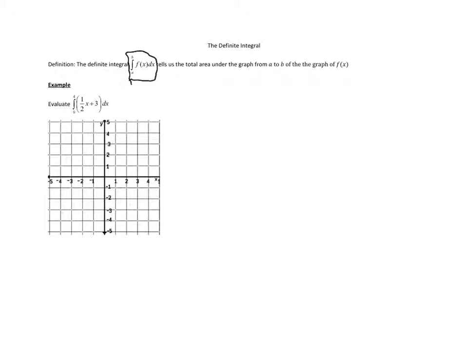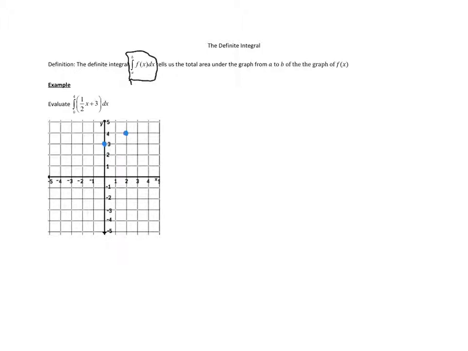If we want to evaluate this definite integral, this is saying to find the area from 0 to 4 under the curve 1/2 x plus 3. So let's start by graphing that. 1/2 x plus 3 we know is a linear function where the y-intercept is 3 and the slope is 1/2.